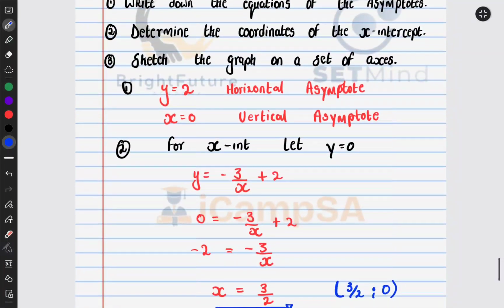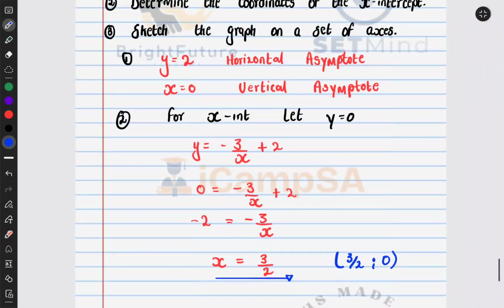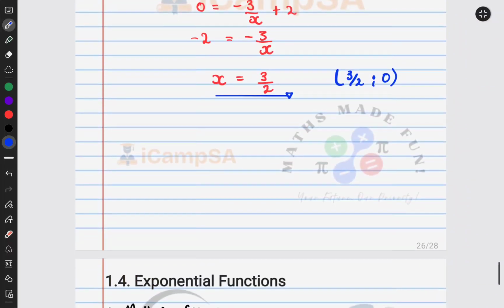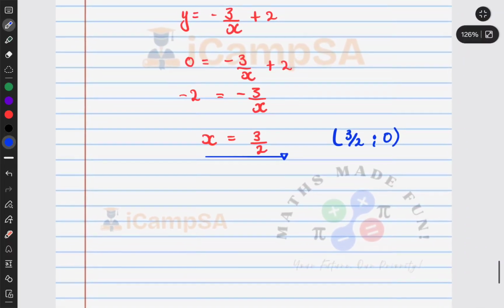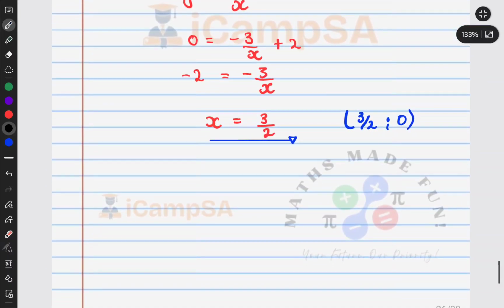And then for number 3, we're asked to sketch the graph on the set of axes. Let's just do the table and sketch our graph. For the x values, we're going to go with -2, -1, 0.